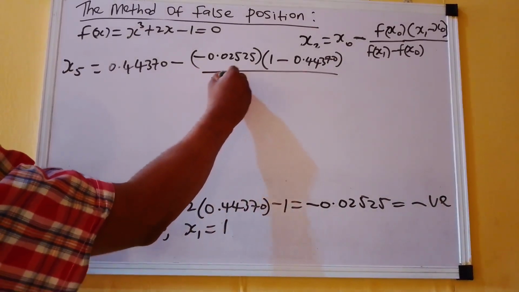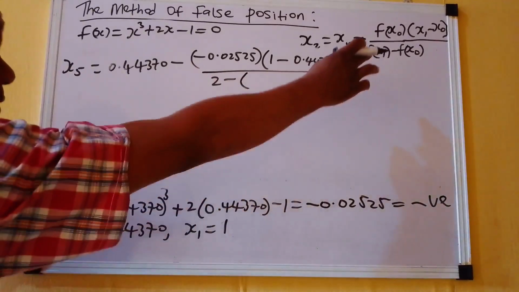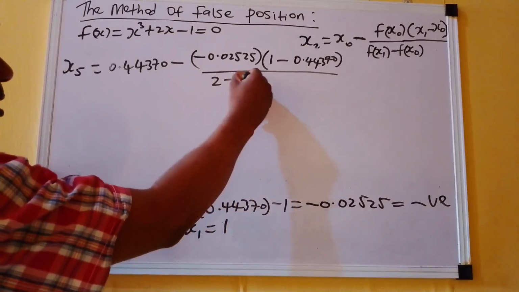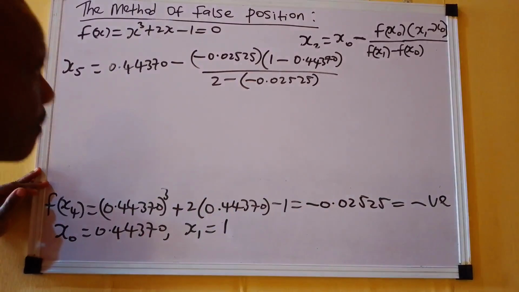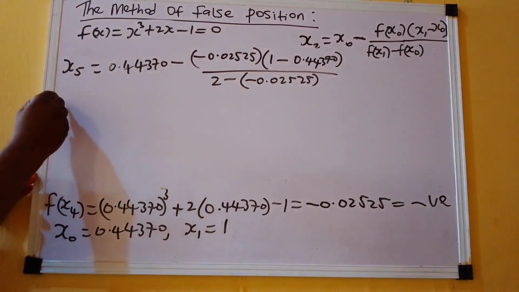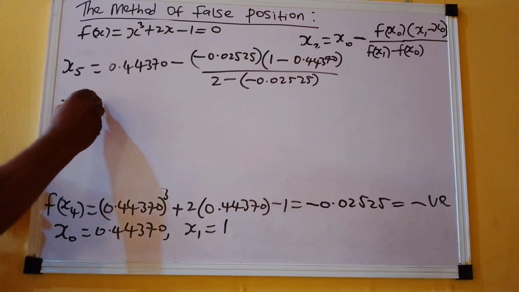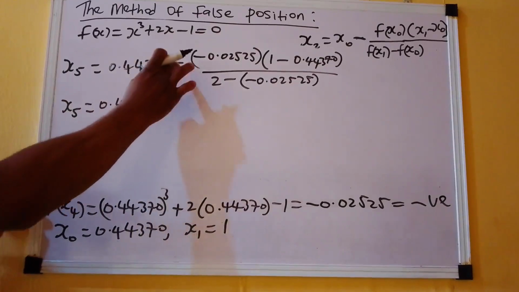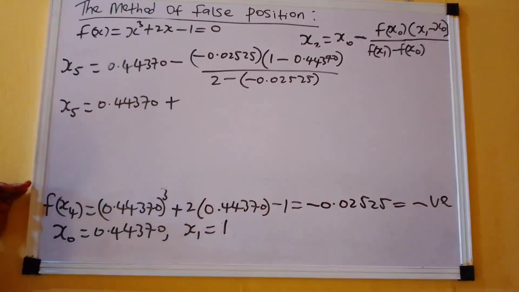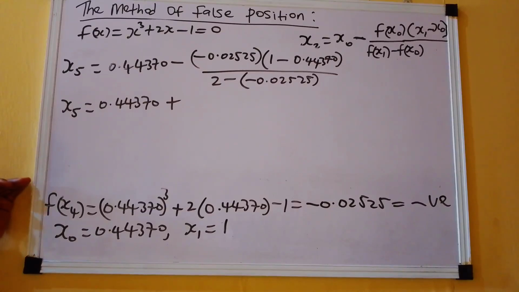It has not changed, minus, then f of x0 is minus 0.02525. So when we come now, we are going to have our x5 to be equal to 0.44370 minus times minus, we turn to plus. So we have our positive sign there.